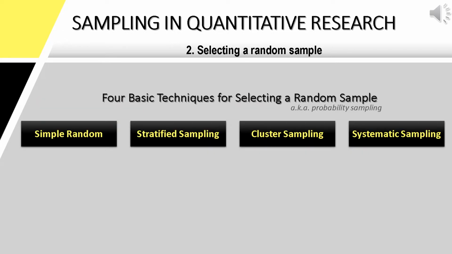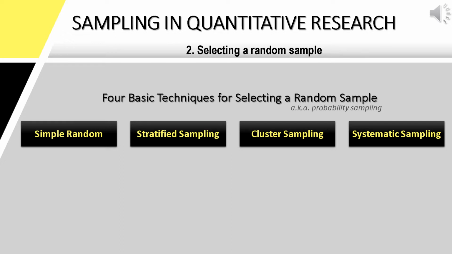So next are the 4 basic techniques for selecting a random sample. So we have simple random, stratified sampling, cluster sampling, and systematic sampling. So these 4 random samples are probability sampling.